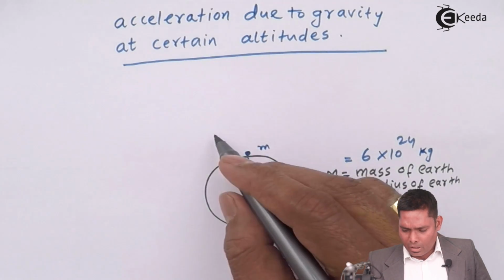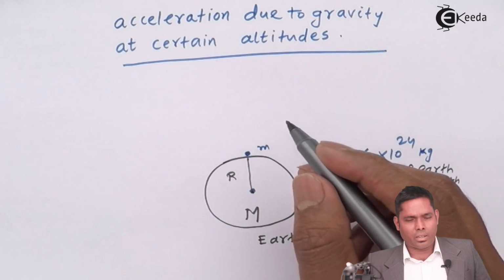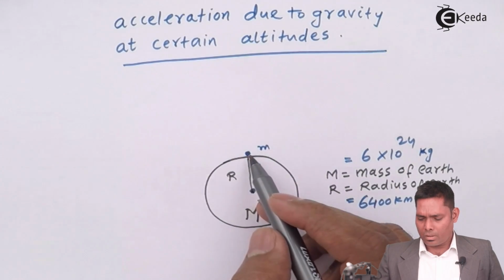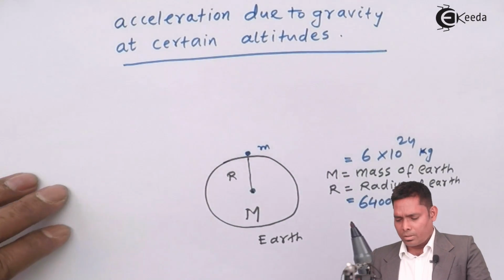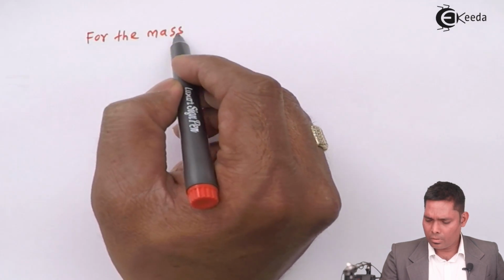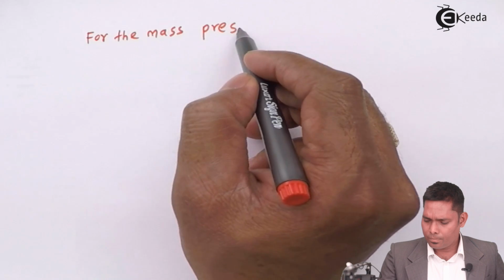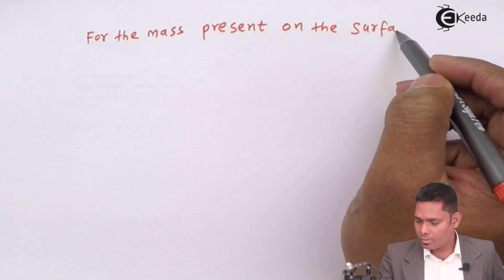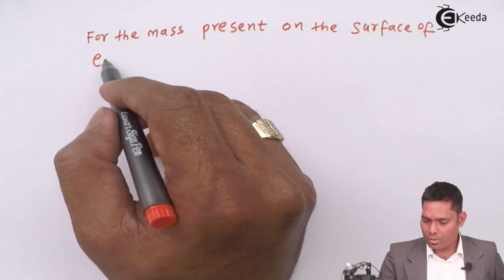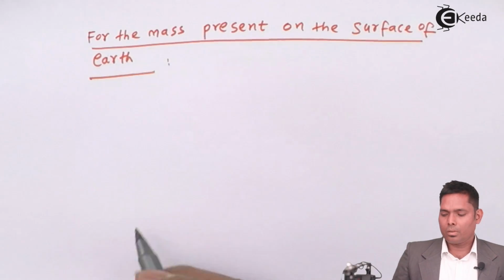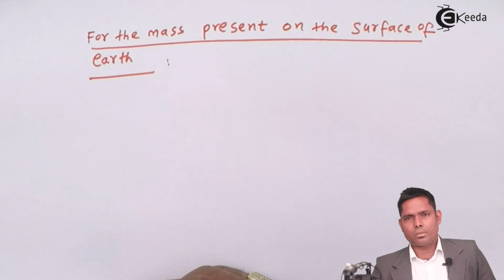This mass might be taken to certain altitudes, that is our consideration, but first to start with, that mass is present on the surface of the Earth. So for the mass present on the surface of the Earth.